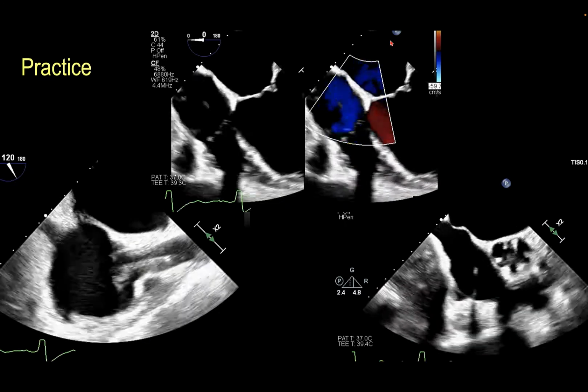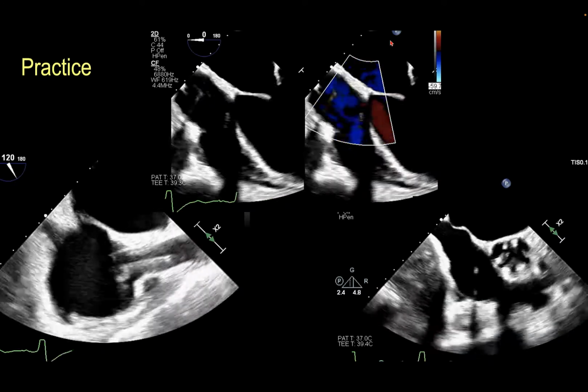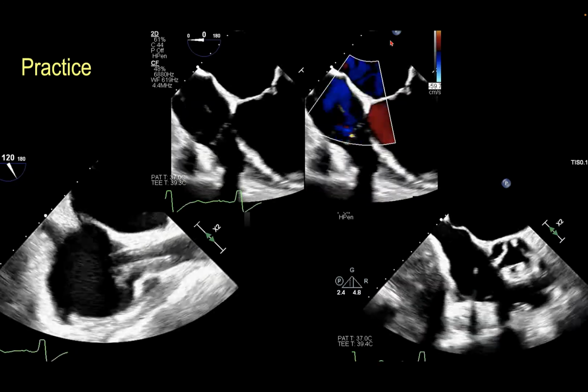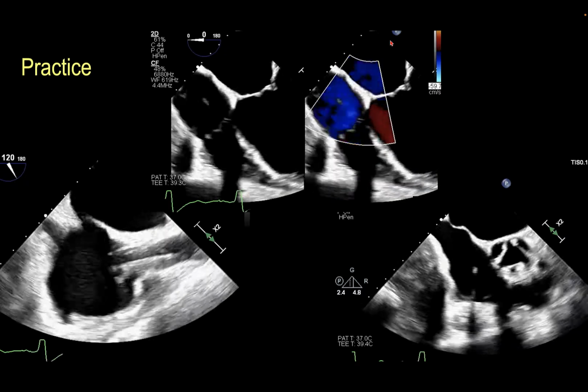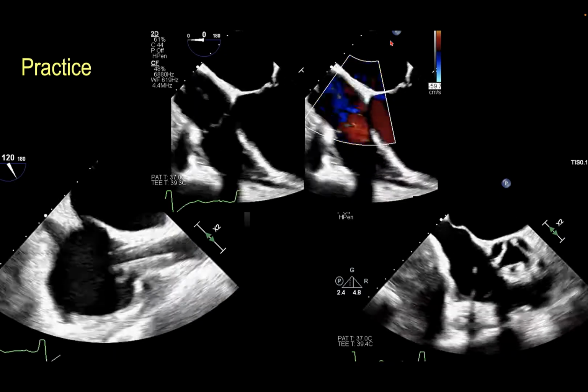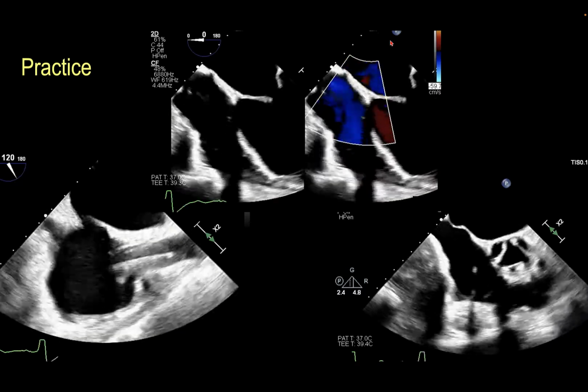So in the practice phase, when things are not moving fast and they're getting ready to get access, we go back and forth acquiring these images very quickly so that there are limited transitions between one image and the other. So that's the practice phase.